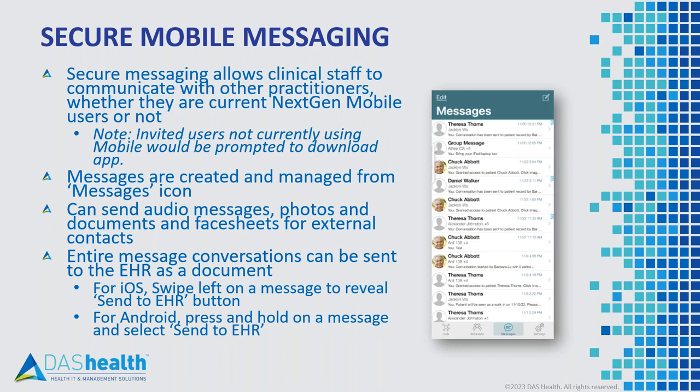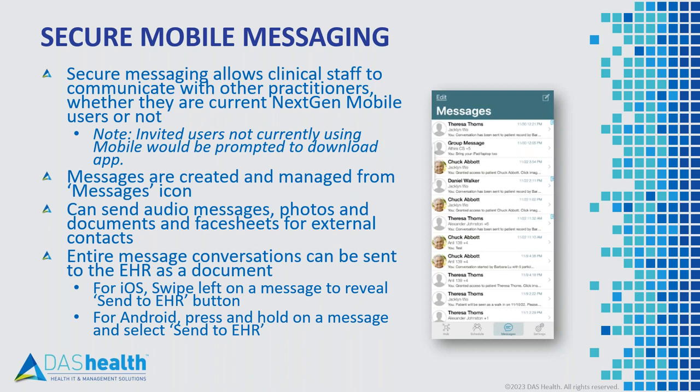That person, who is not part of NextGen, will receive an invite to download the app, and they would only be given access to very limited information. It would just be the information that the user chooses to share, typically just related to that patient.